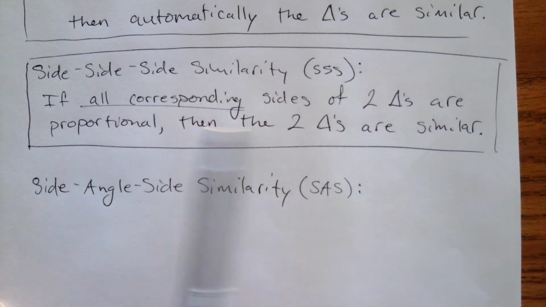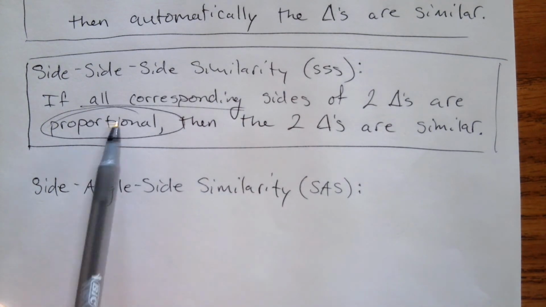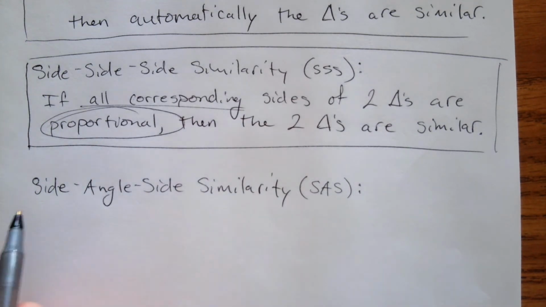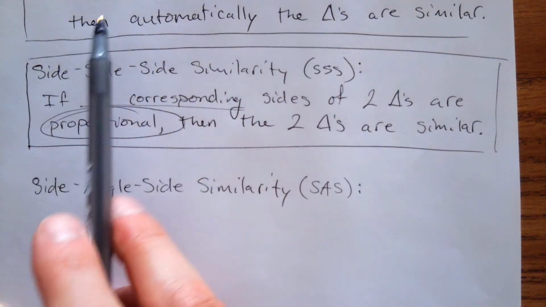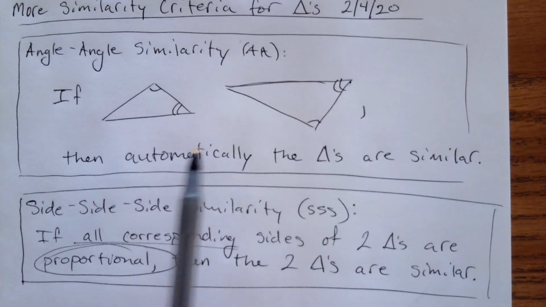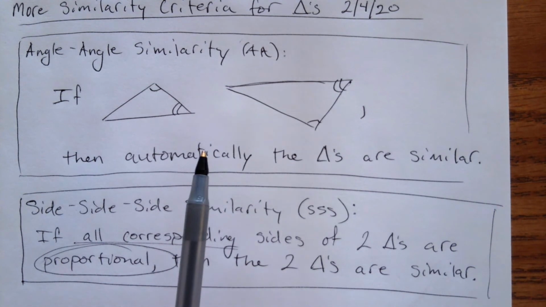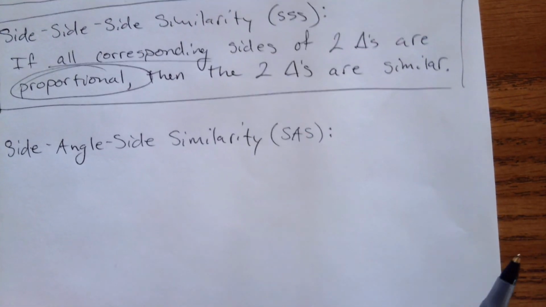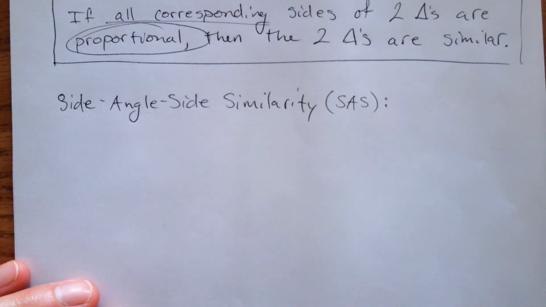When I'm describing, I'm using the word proportional. That's important because I'm not checking to see if the sides are congruent. I'm checking to see if you divide them in the correct order, do they give you all the same number? That's what I mean by proportional. With angles, those angles would be congruent. But with the sides, we're talking about proportional when you're trying to prove similarity.